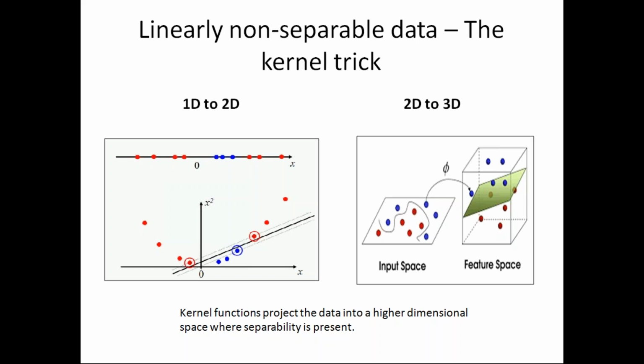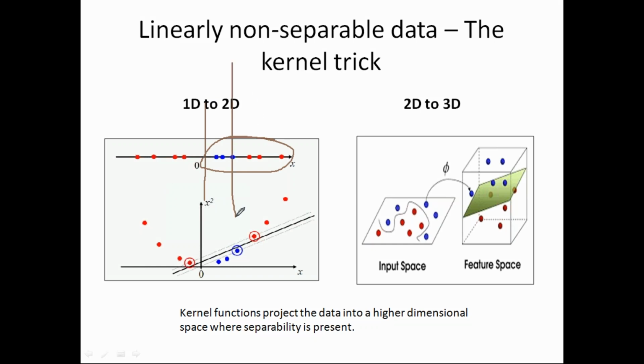Okay. Now you see this 1D to 2D. You see the left example. Can you separate the blue ones from the red ones by making some boundary? See, if I make this boundary, then also there is huge misclassification here.